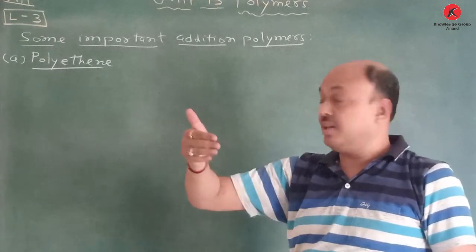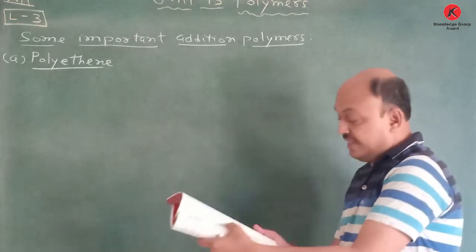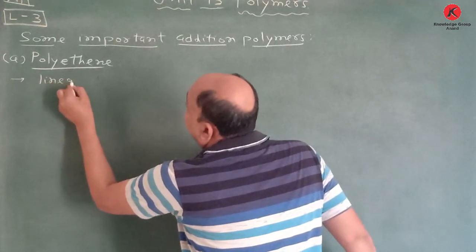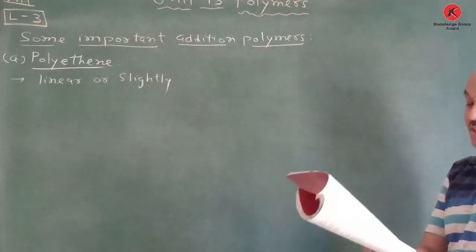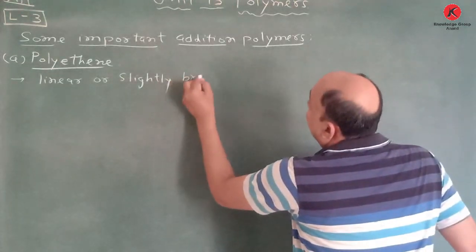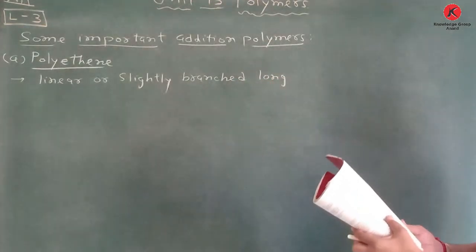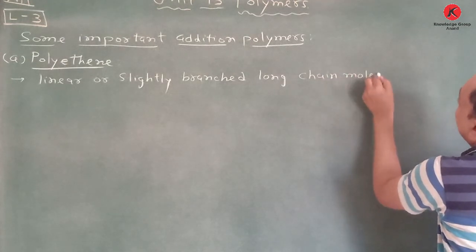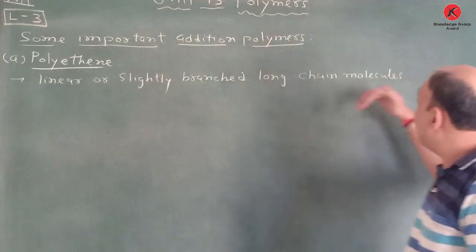You already learned this under addition polymerization. These polythenes are linear or slightly branched long chain molecules.